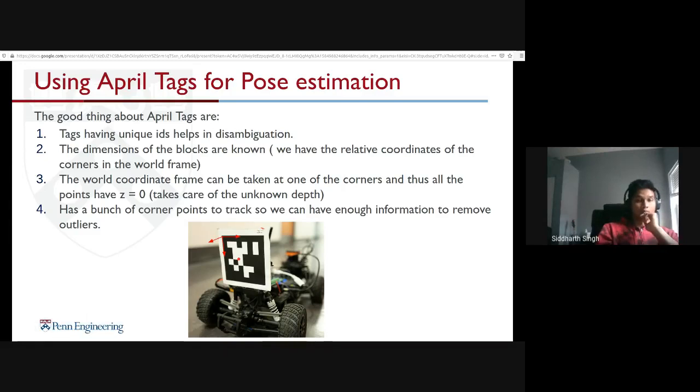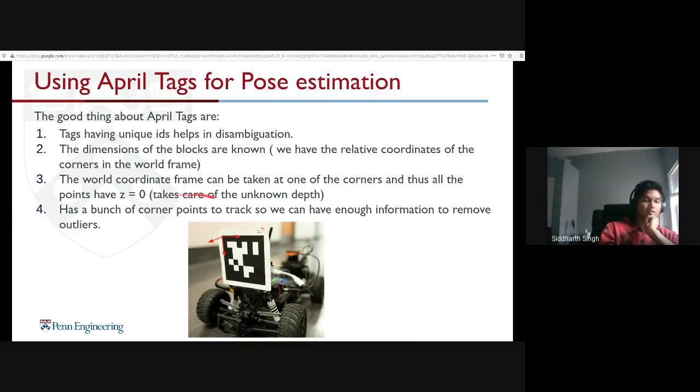Now, if we kept the world coordinate origin at the corner on the surface of this April tag, we would be creating a world environment in which all the z coordinates are 0, and x and y are known to us because the dimensions of the blocks are known to us, right?